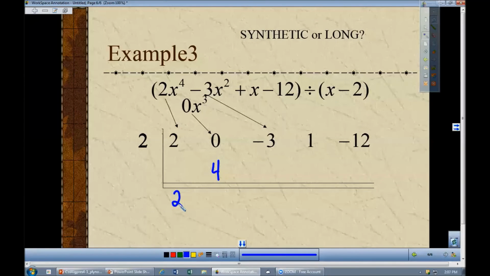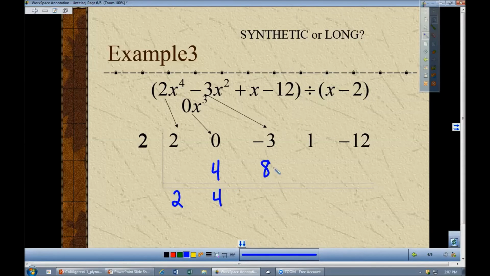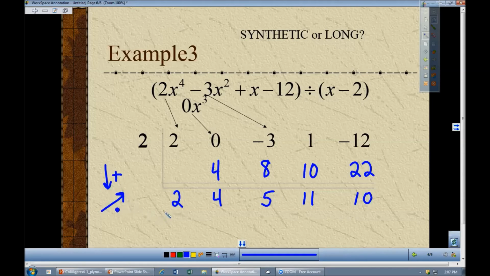Remember, add when you go down, multiply when you go diagonally. 0 plus 4 is 4. 2 times 4 is 8. -3 plus 8 is 5. 2 times 5 is 10. 1 plus 10 is 11. 2 times 11 is 22. -12 plus 22 is +10. So remember, going down we added, going diagonally we multiplied.